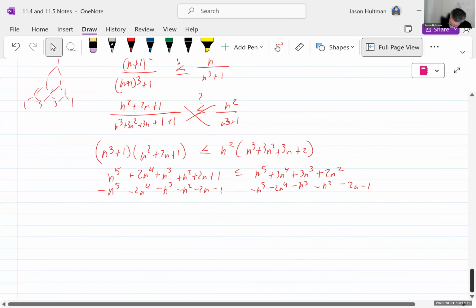And again, I haven't proved this. I don't know if this is true or not.